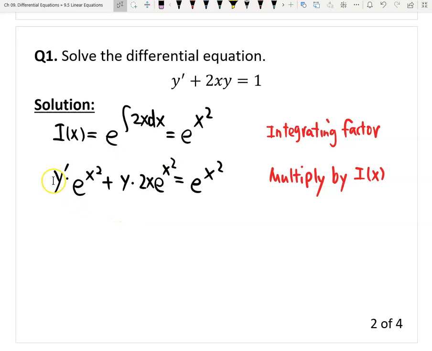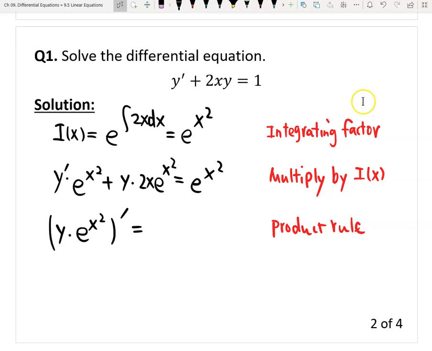Okay, rewrite the left side using the product rule. Let me show here. We call it the product rule. So we will use the product rule to rewrite the left, which is y times I(x), y times e to the x squared, and this big term, take a derivative.